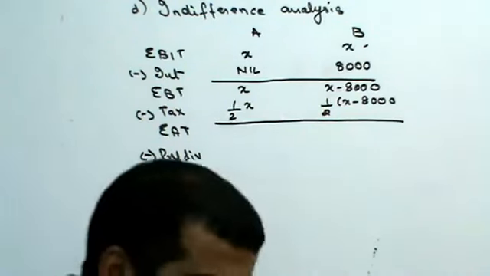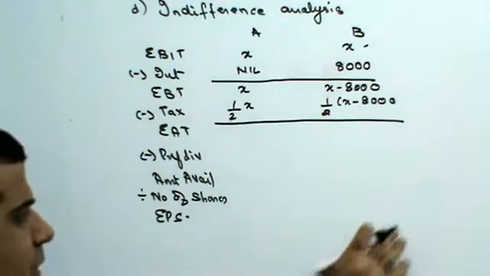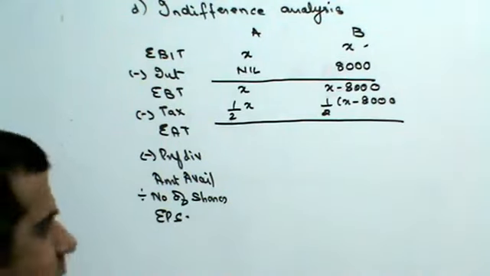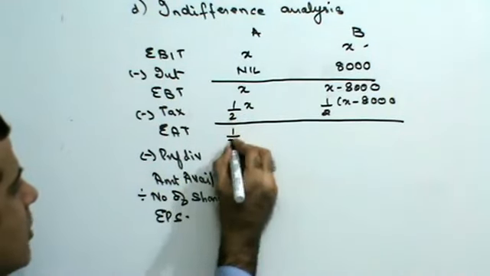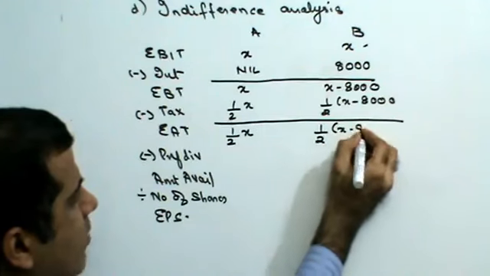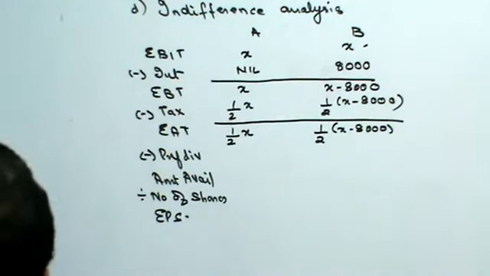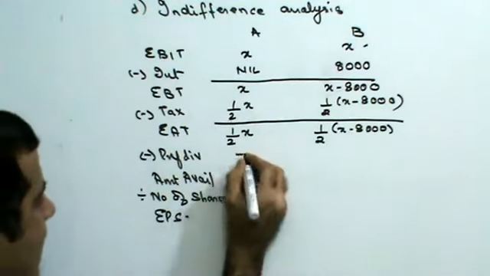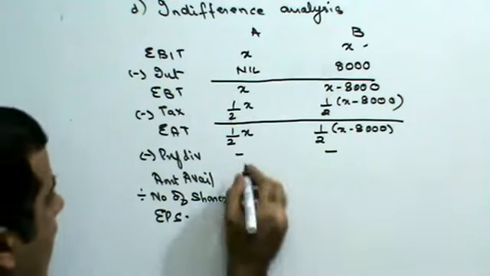Now, EAT. EBT minus tax will give you EAT. Since tax is 50%, that means your EAT also should be 50%. So this will be 1 upon 2x and this will be 1 upon 2 into x minus 8,000. Preference dividend. Neither plan A has a preference share capital nor plan B has preference share capital.